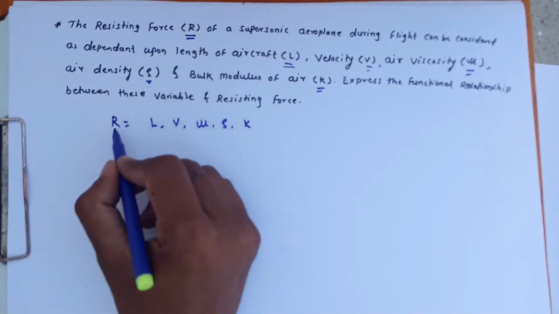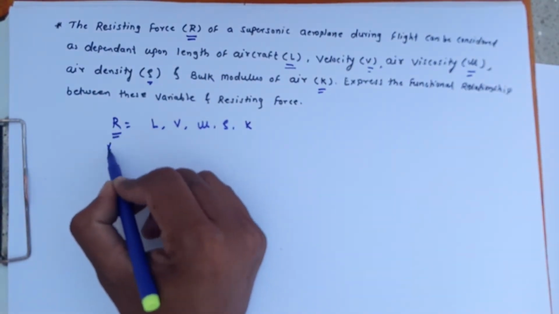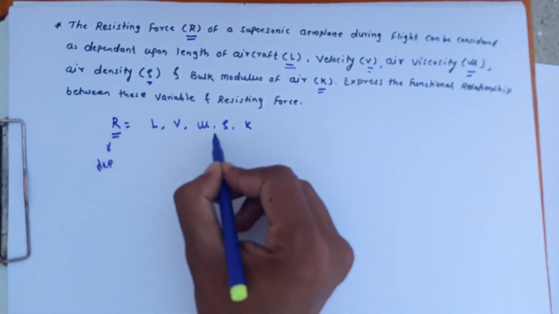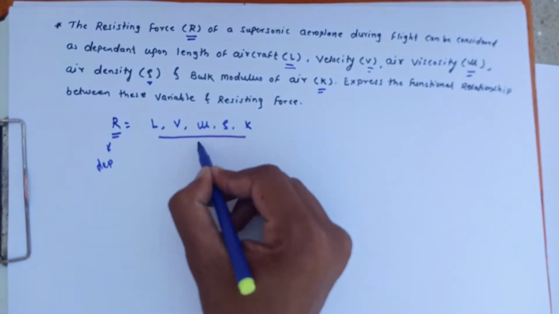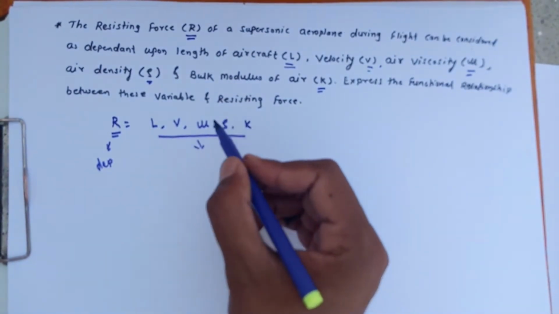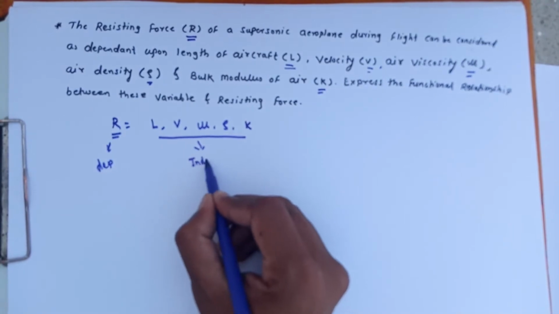Here R is the dependent variable and all the remaining variables are independent variables.